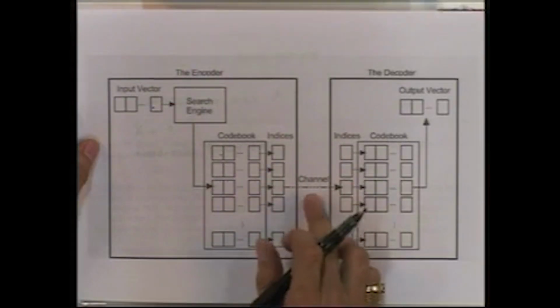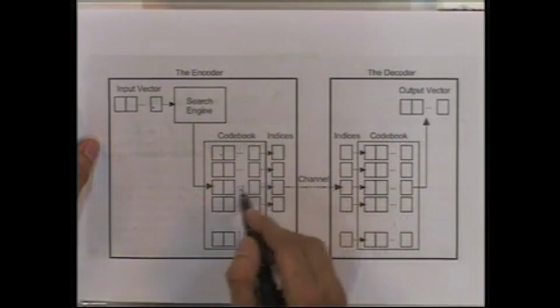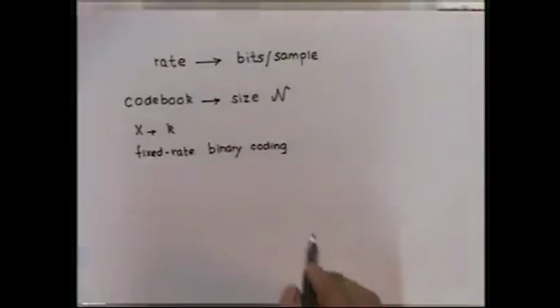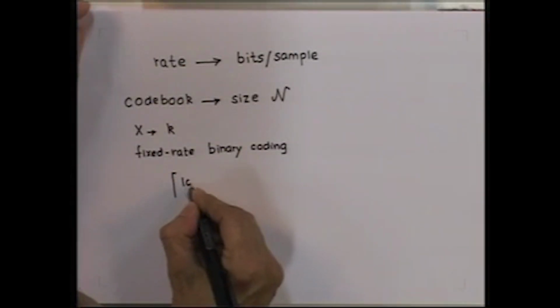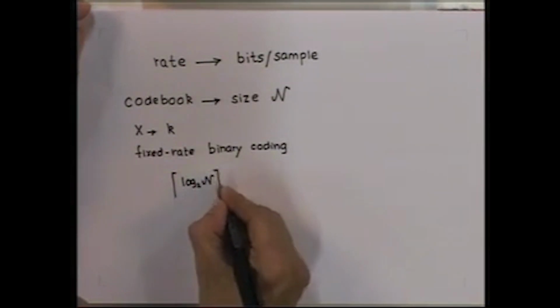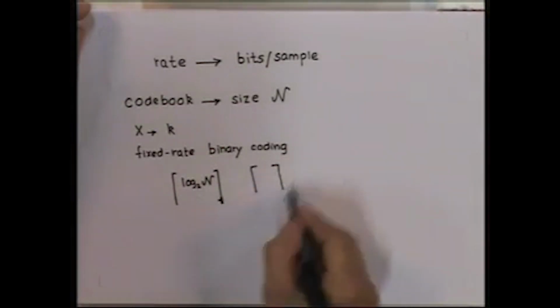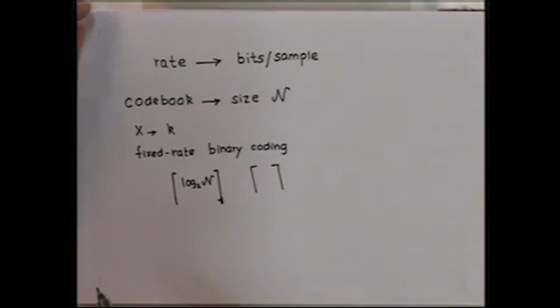Now, in order to inform the decoder of which code word was selected, we need to use ⌈log₂ n⌉ bits. The symbol ⌈ ⌉ denotes rounding off to the next largest integer.